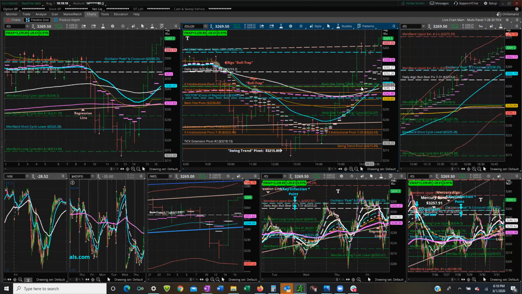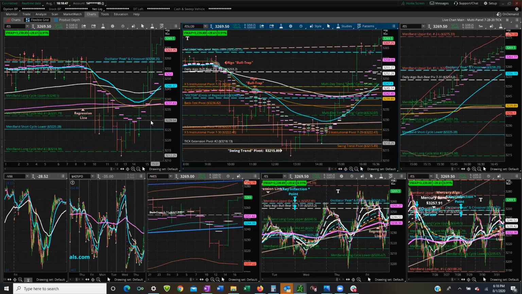I did not get long here at the end of the day, because by the time this thing fired, the first bar after it triggered long is right here. So I would have had to be buying this at 46. The only way I was getting long is if there was a pullback, and at that time it was already after 3:30 anyway.